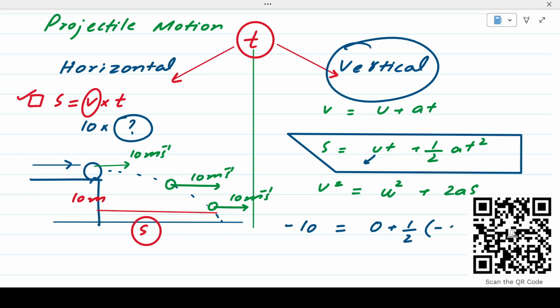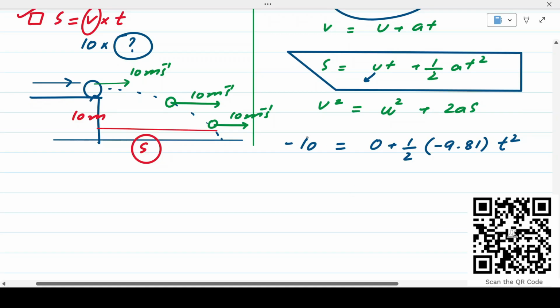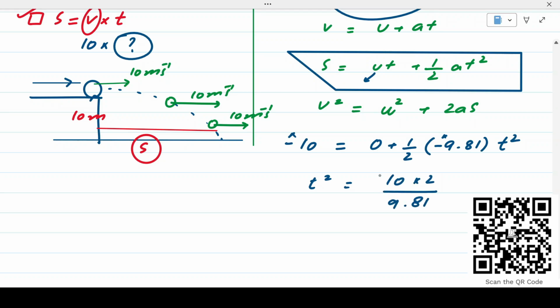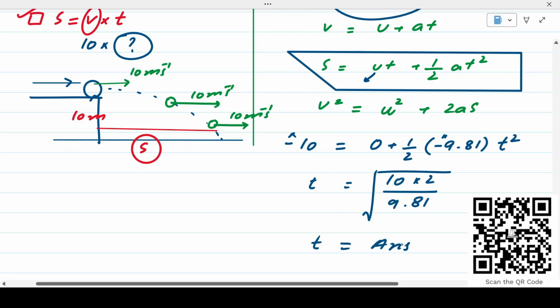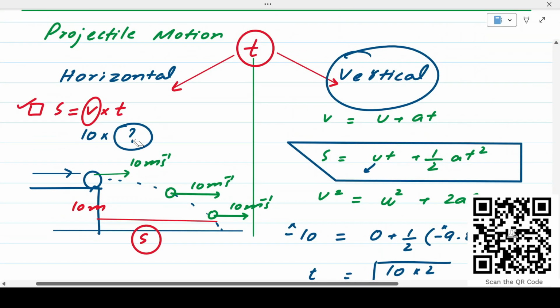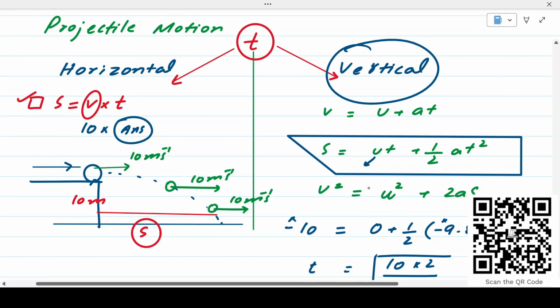G, I told you, should be minus 9.81. t square as it is. And then you can cancel out negative, negative, and t square will be 10 times 2 divided by 9.81. Then you take the square root and get a value of t. Then you insert that value of t over here.